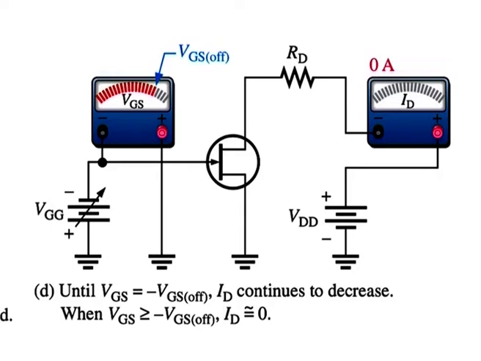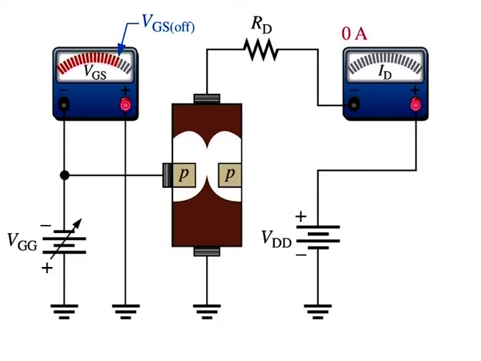For this range of gate to source voltage, ID will vary from a maximum of IDSS to a minimum of almost 0. As you have seen, for an n channel JFET, as VGS becomes more negative, ID gets smaller in the active region. When VGS has a sufficiently large negative value, ID is reduced to 0.